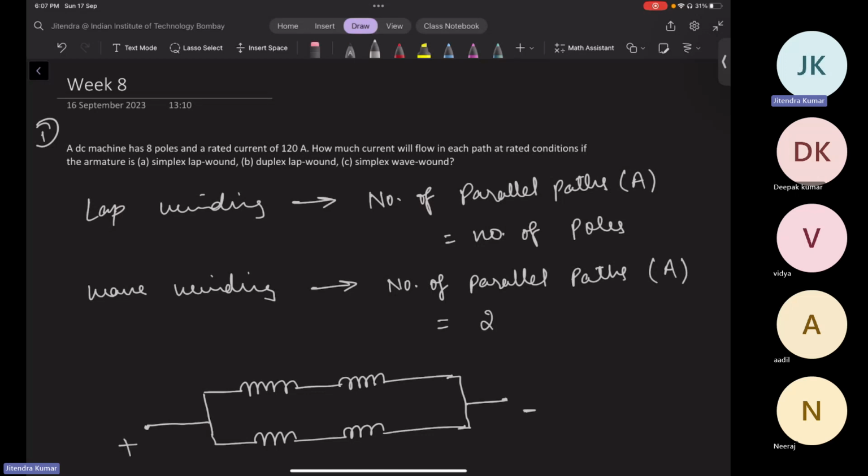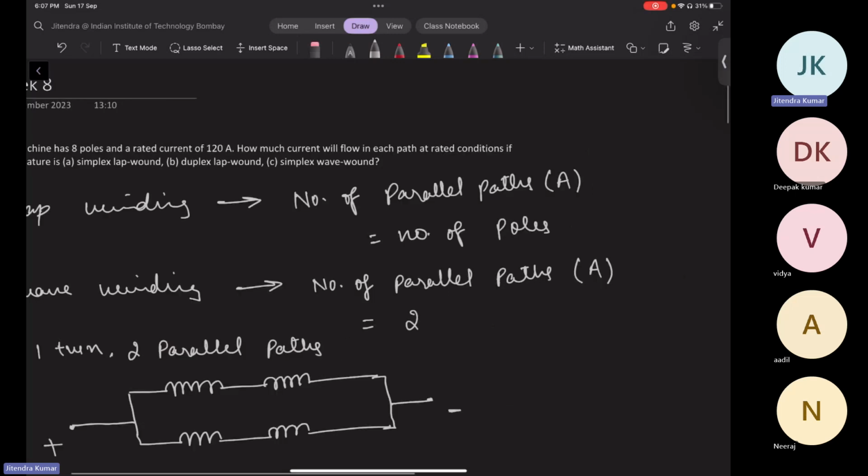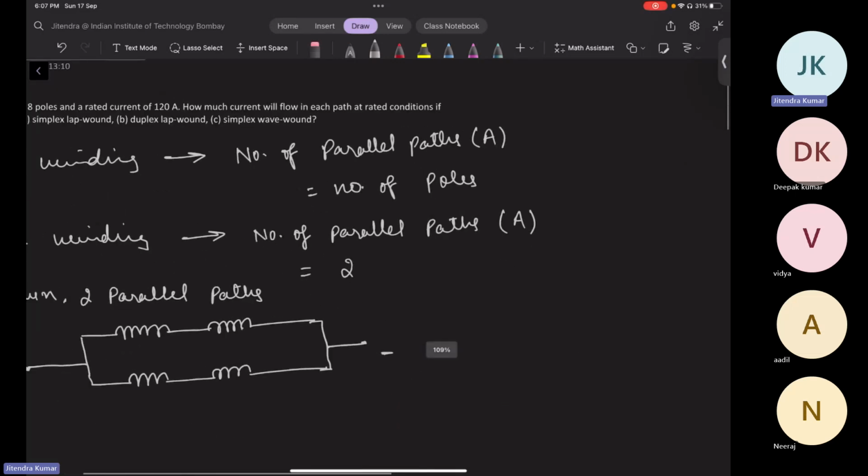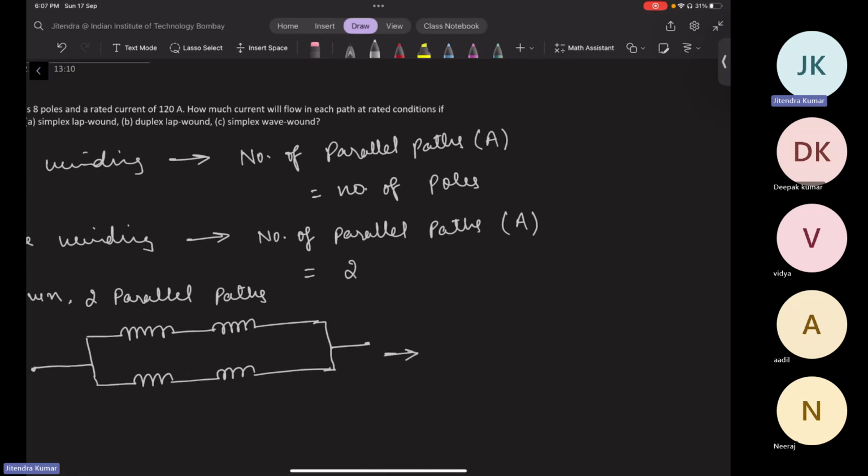Let us suppose each has one turn, so one turn with two parallel paths. And I want to reconfigure this configuration with four parallel paths. How can I do so?